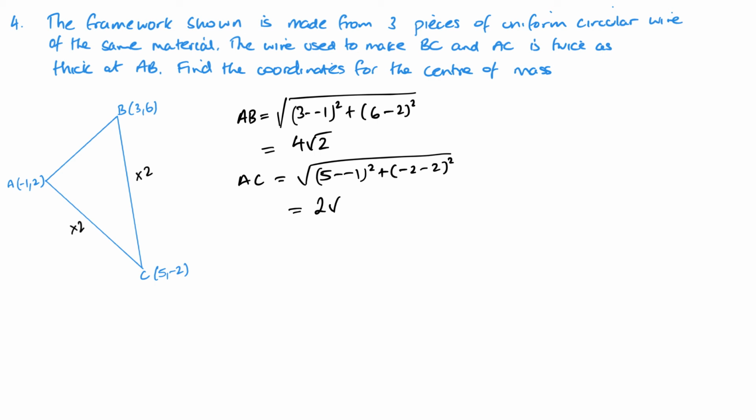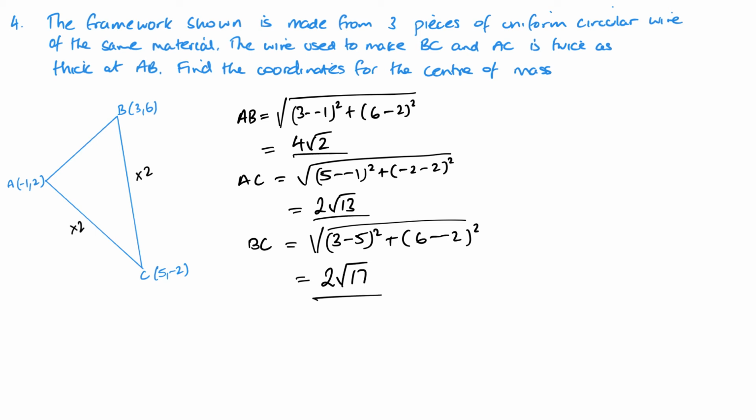That's going to be 2 root 13 in size, and then we just need BC left. So let's go 3 minus 5 squared plus 6 minus 2 squared, and that's 2 root 17. So we've got our lengths.